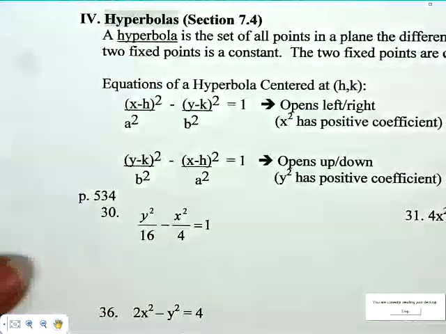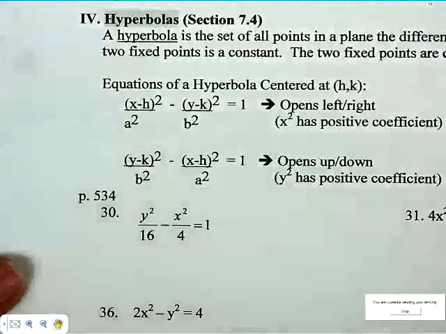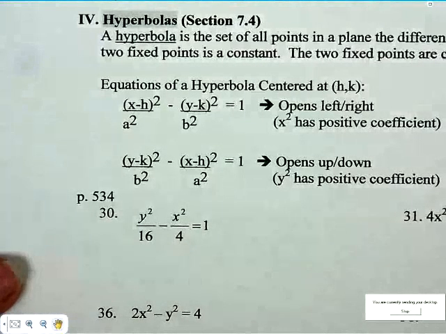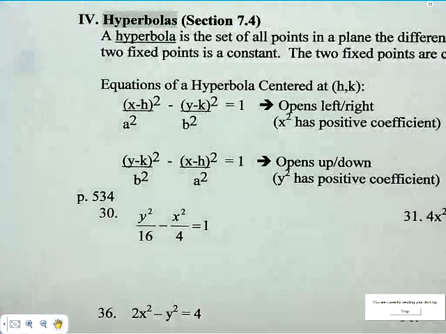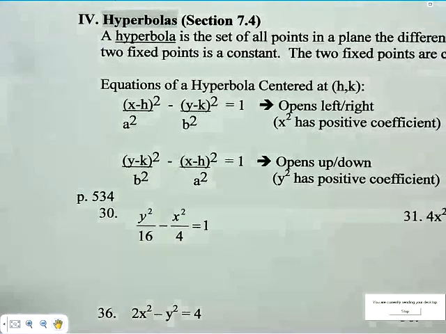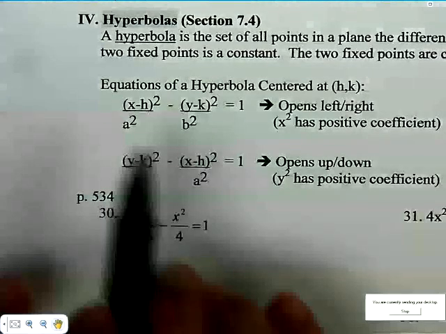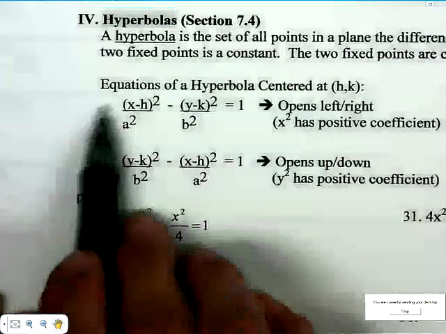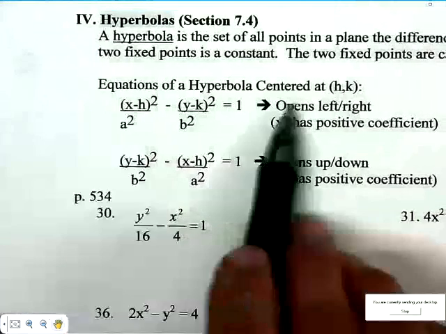to graph a hyperbola. Because a hyperbola looks like a pair of parabolas, it can either open up and down, or it can open left and right, and you can tell which way it's going to open by which coefficient is positive. If your x squared has a positive coefficient, then it opens left and right.